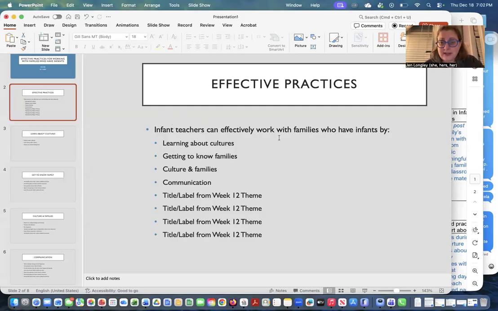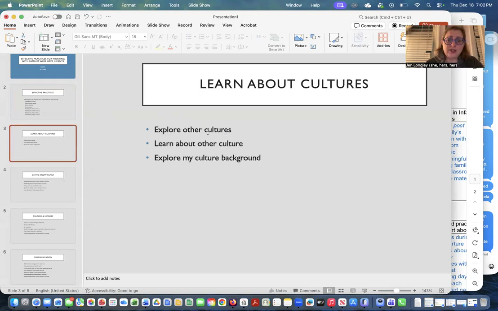You could use some of the same words, and then you would just list out, infant teachers should learn about cultures. How do infant teachers learn about cultures? They should do this, explore other cultures, learn about other cultures, explore their own cultural background, et cetera, et cetera, et cetera, right? So you decide what the effective practices are based on what you identified in week 5 and week 12.